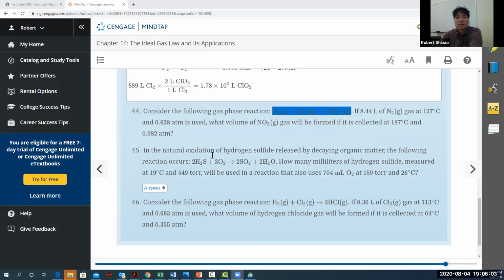The natural oxidation of hydrogen sulfide is also a poisonous gas here. So you're burning hydrogen sulfide. When we burn hydrogen sulfide, we're going to form oxides of sulfur and water. You know, when we burn hydrocarbons, we form CO2. Well, SO2 is a common gas that's formed.